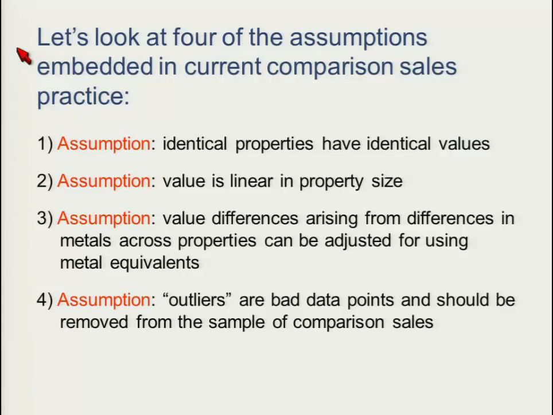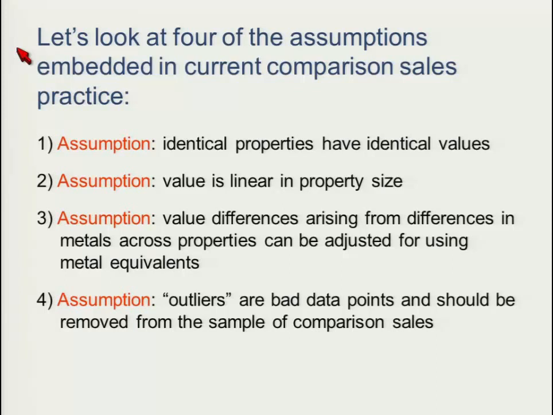That's the foundation of comp sales analysis. Another assumption that's often made is if property sizes are not equal, value is linear in property size. In other words, something that has twice the amount of gold will be twice the value of the target property. Okay? Value is linear in size.